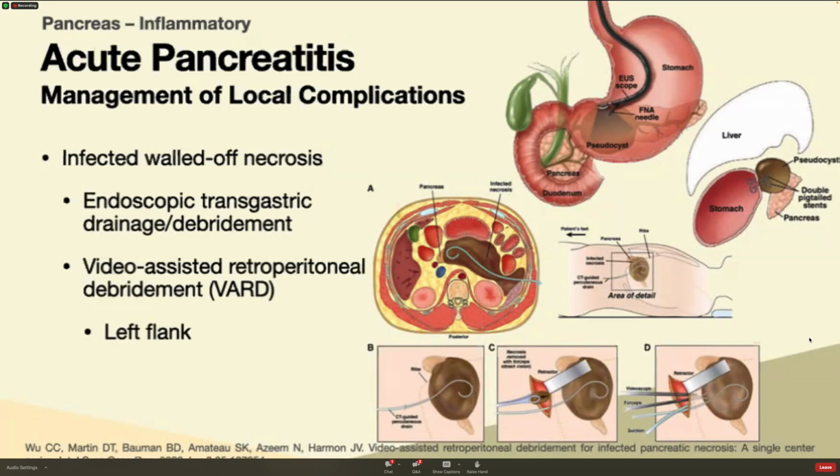Then for the video-assisted retroperitoneal debridement, usually the patient already has a previous pigtail placed into the cavity of the necrosis, and this is used as a guide. So the surgeon will enter the flank with the pigtail as a guide so that you can reach the central area, meaning the peripancreatic area.